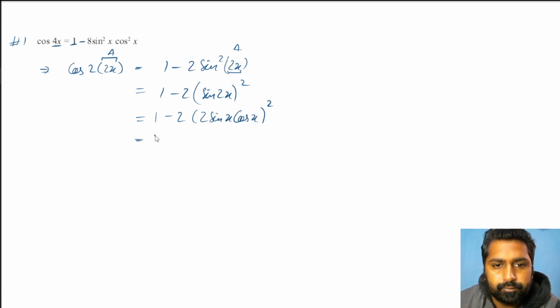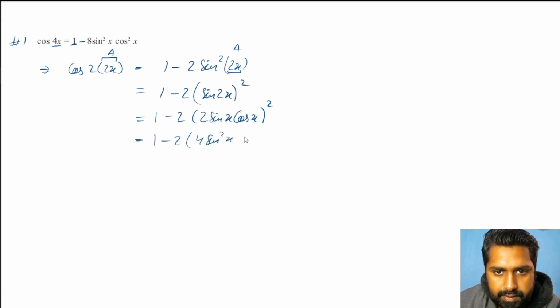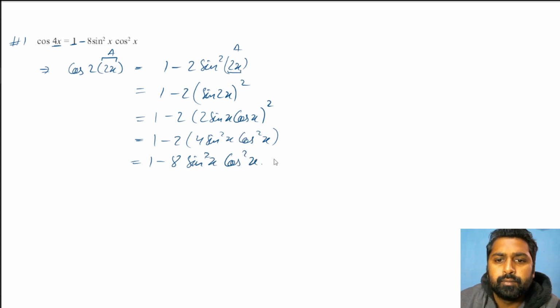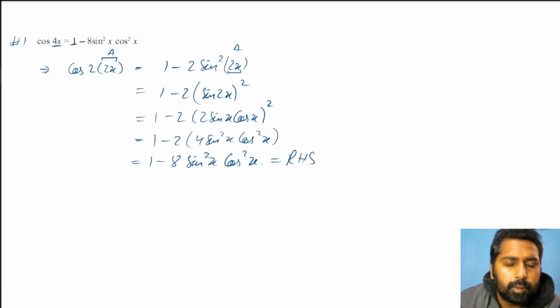Now do the squaring, 1 minus 2, this will become 4 sine square x cos square x. So that becomes 1 minus 8 sine square x cos square x. That's your RHS.